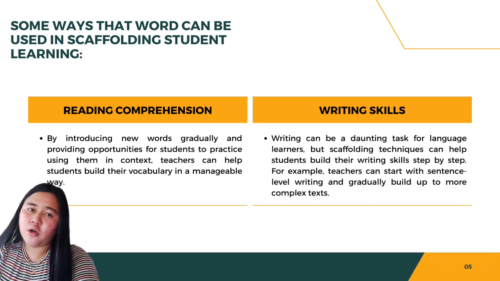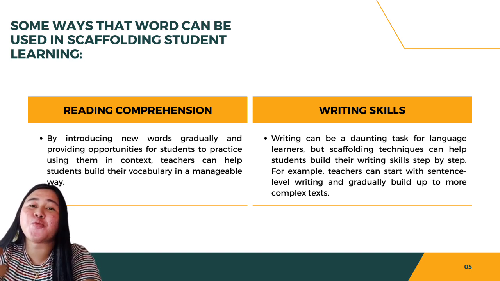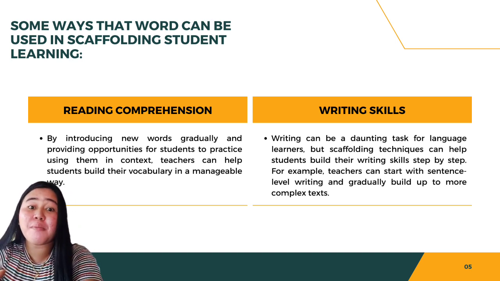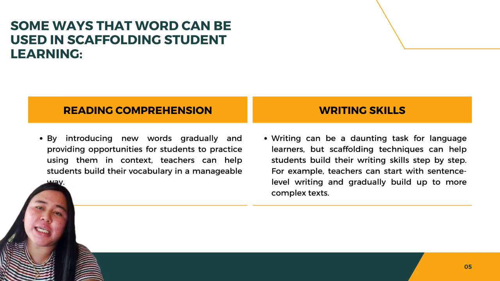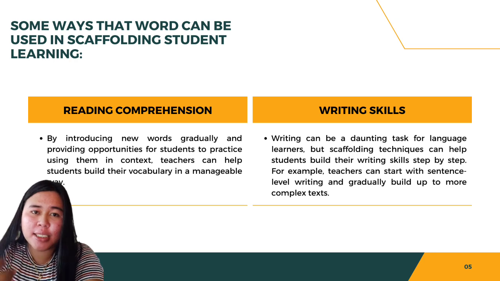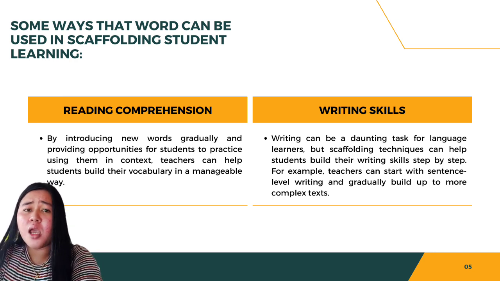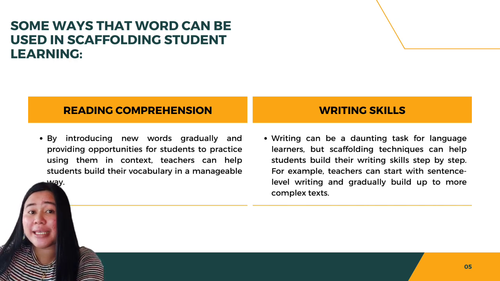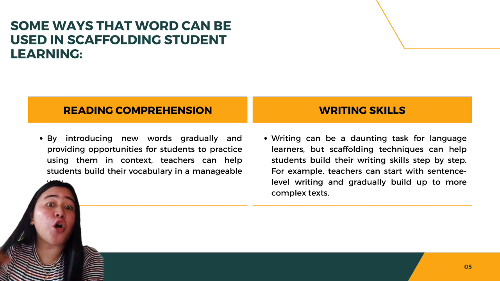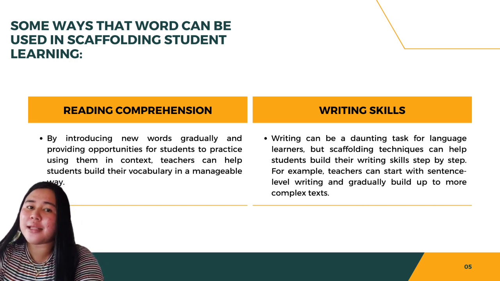Number three, it's about reading comprehension. Scaffolding can be used to support reading comprehension by introducing new words gradually and providing opportunities for students to practice using them in a context. For example, a teacher may introduce a new word in a text and provide a definition, context clues, or visual aids to help the student understand the meaning.